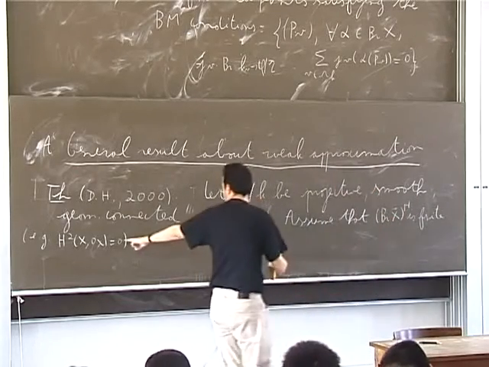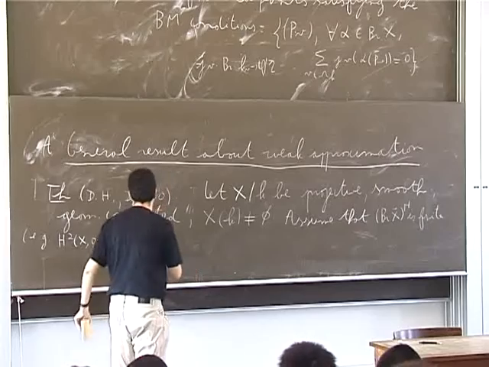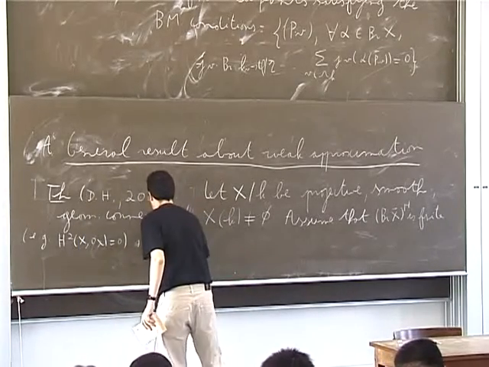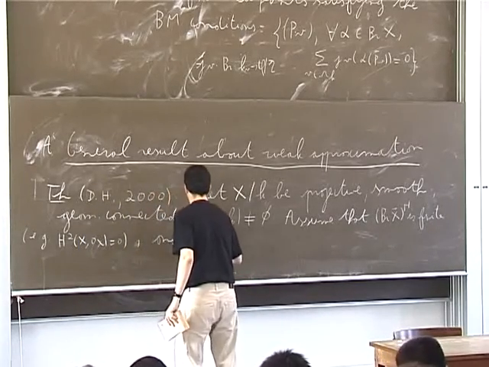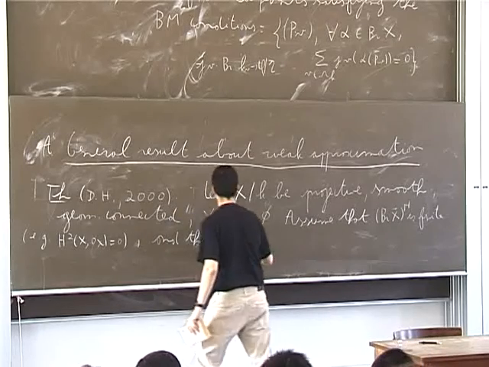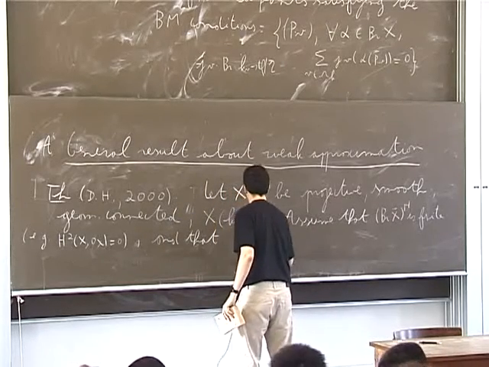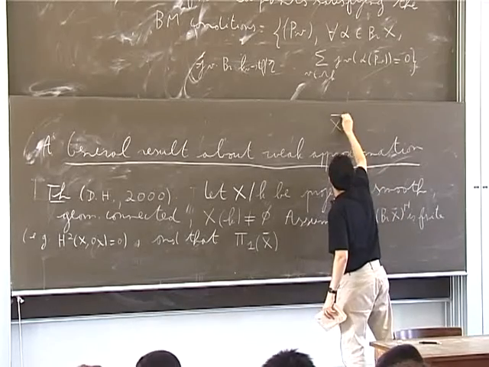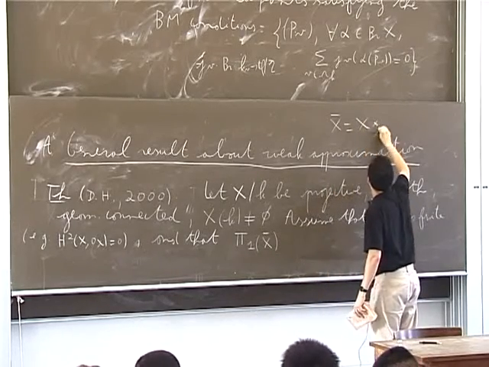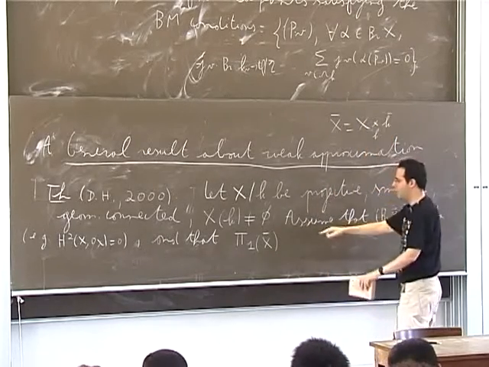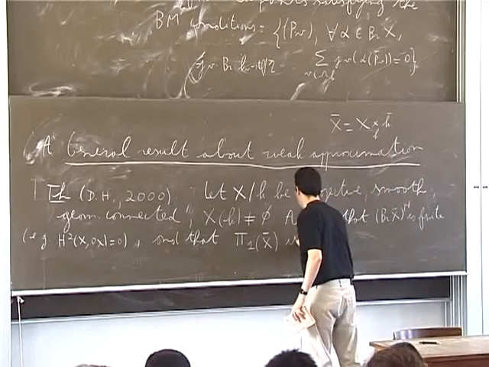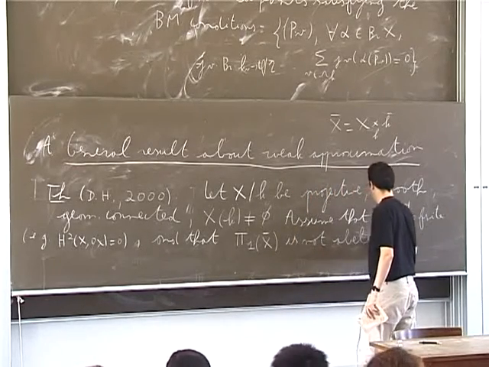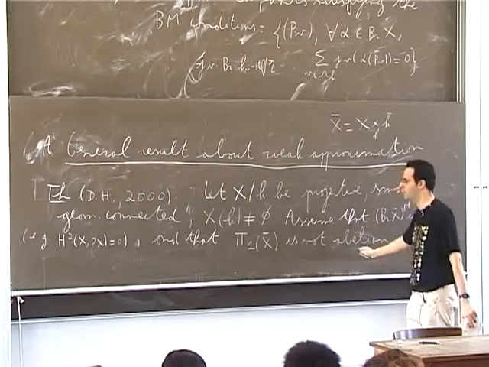But anyway, if you have these conditions, this is satisfied. And the second very important assumption is that the geometric fundamental group pi 1 of X bar, where X bar is X over k bar, is not abelian. So this is the second assumption.